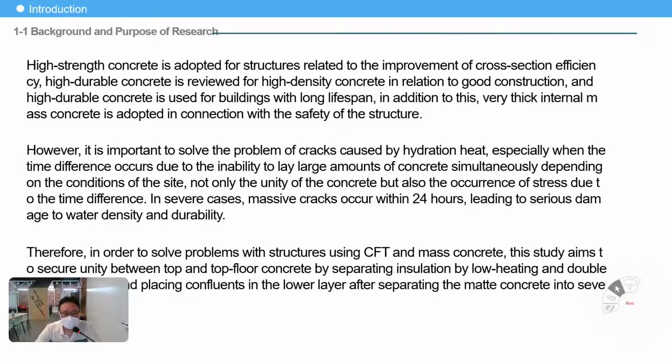In some cases, massive cracks occur within 24 hours, leading to serious damage to wall density and durability.